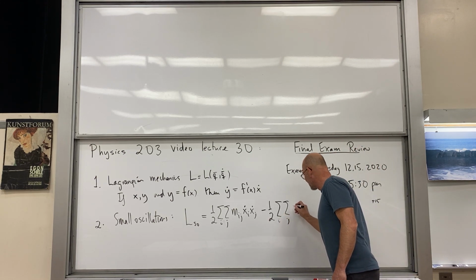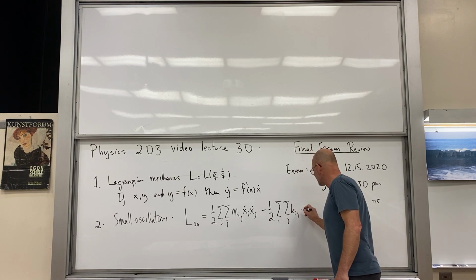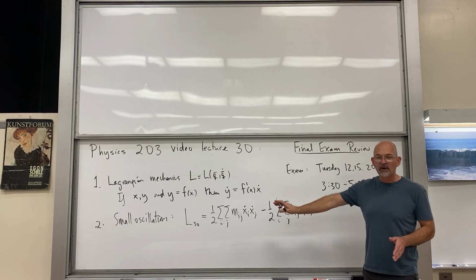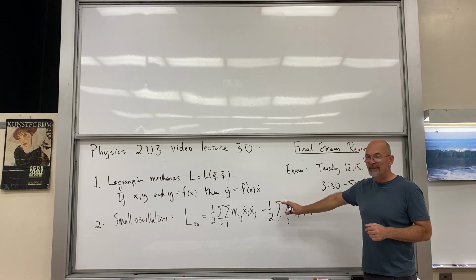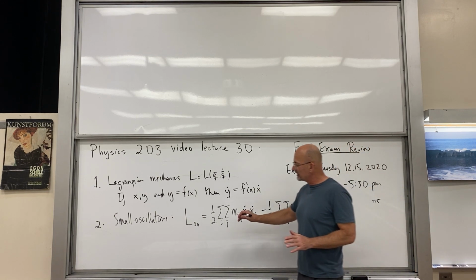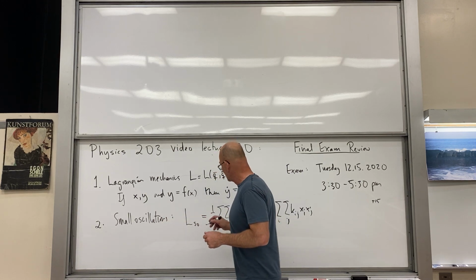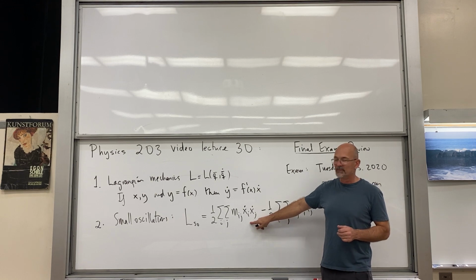The matrix elements M_ij x_i x_j. Now that's the result of an expansion. However, if you're given a system that's just masses on springs, then you can go very directly to this form. Okay.